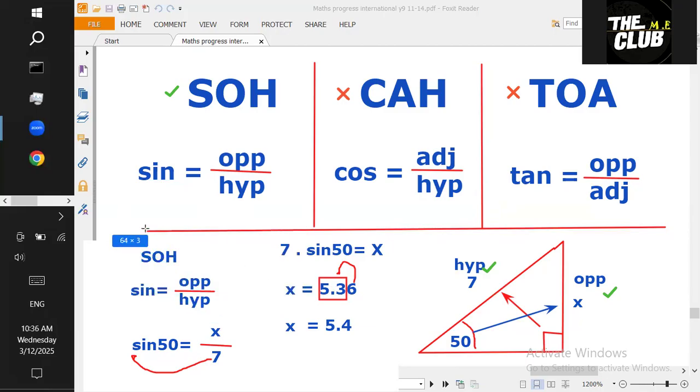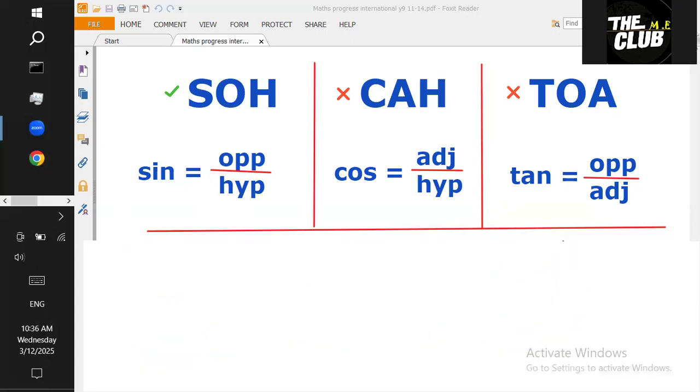Now we understand how to use the trigonometric ratios. Let's take another question. Okay? And then choose the right trigonometric ratio for our question. Second question here will be like this. Let's pick the question here.